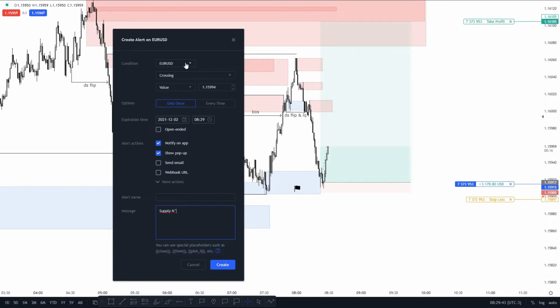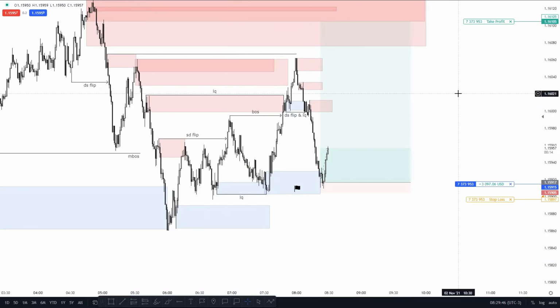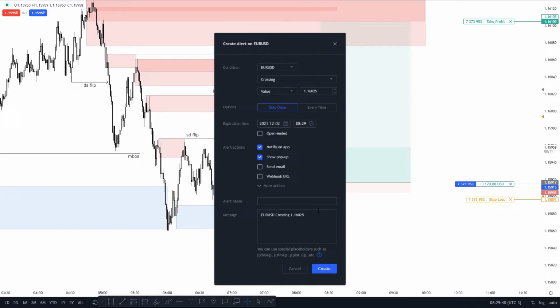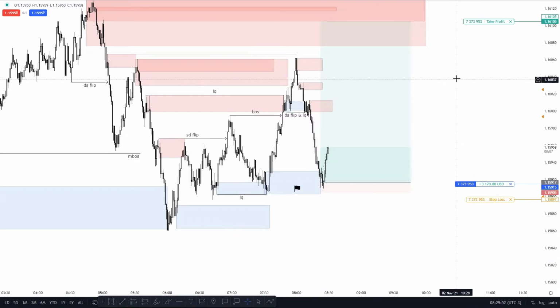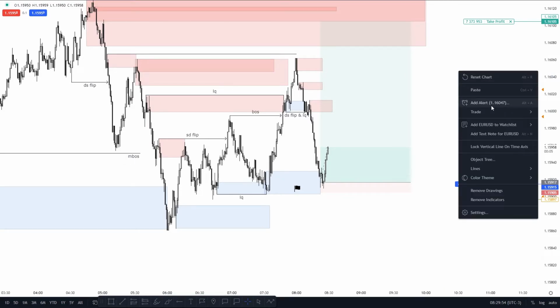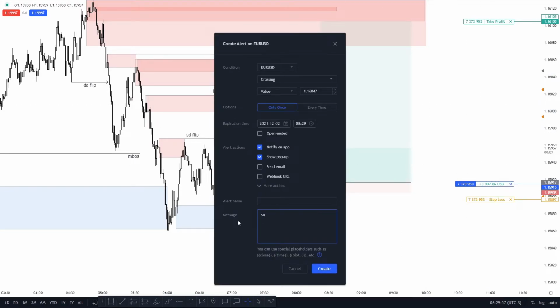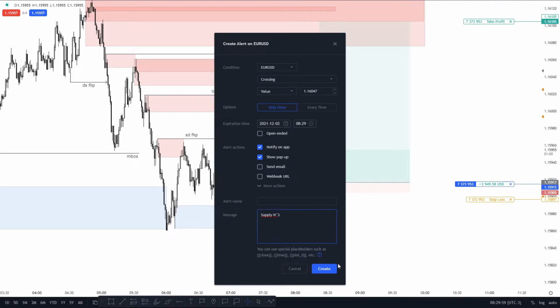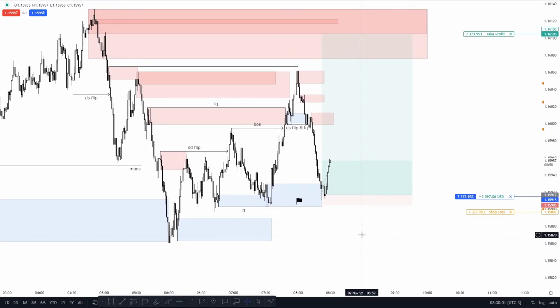Supply number 1, and basically we have to see what occurs in each of these areas, and having such a large target basically means that we will have somewhat of a retracement at some point.